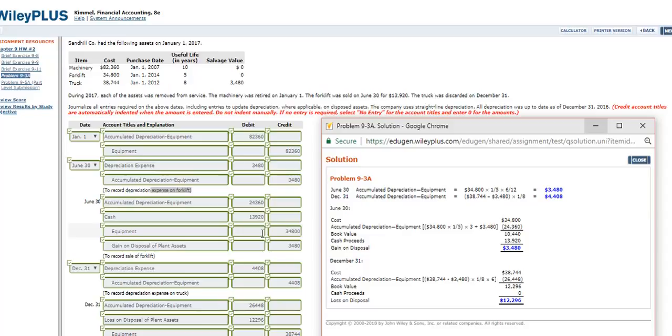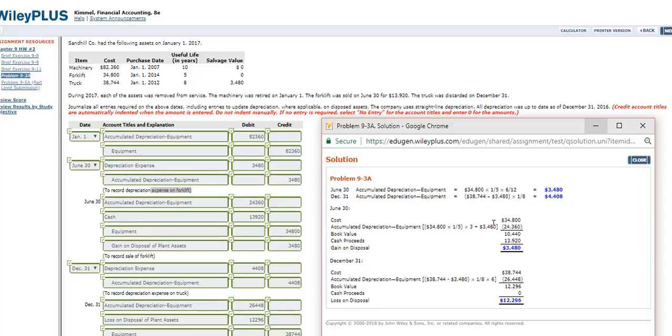Now let's calculate the accumulated depreciation equipment. We will multiply the cost of the forklift, which was 34,800, times 1 divided by the useful life that we have, which is 5, plus the accumulated depreciation equipment that we previously calculated. That will give us the result of 24,660.